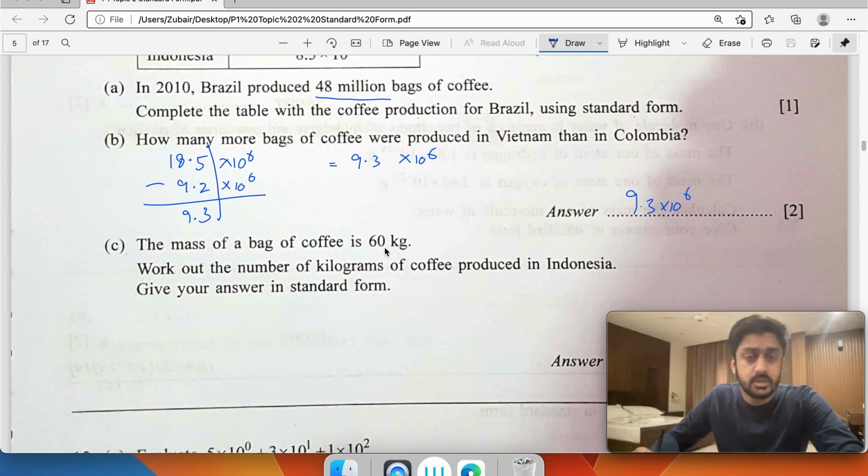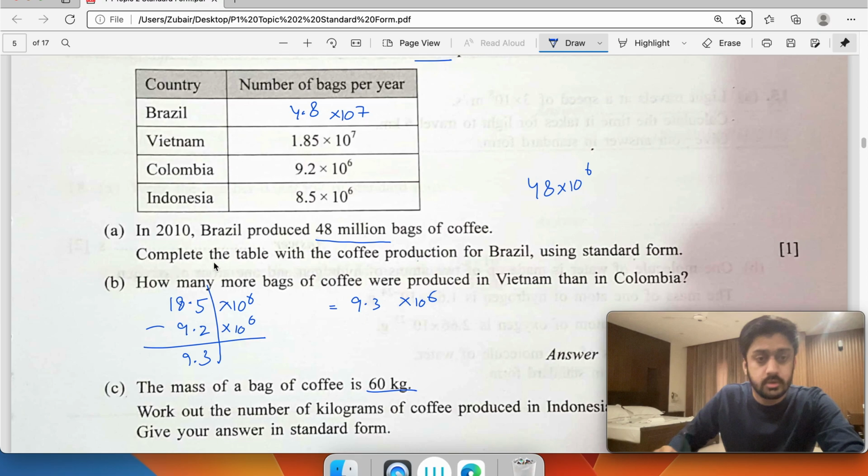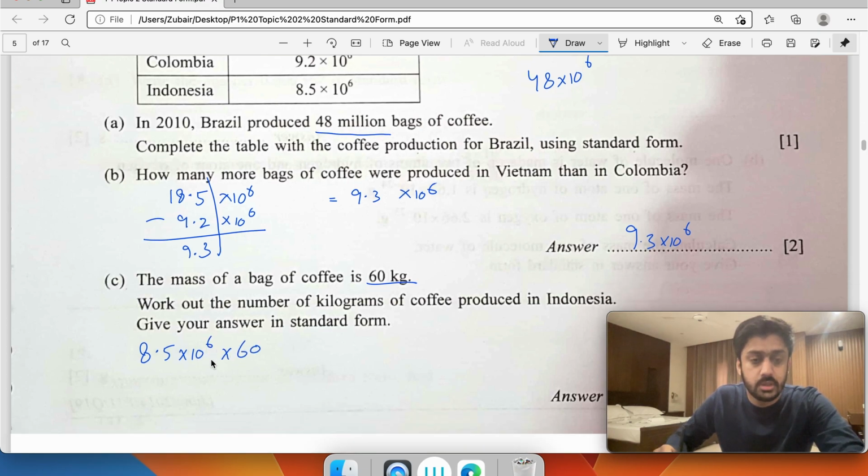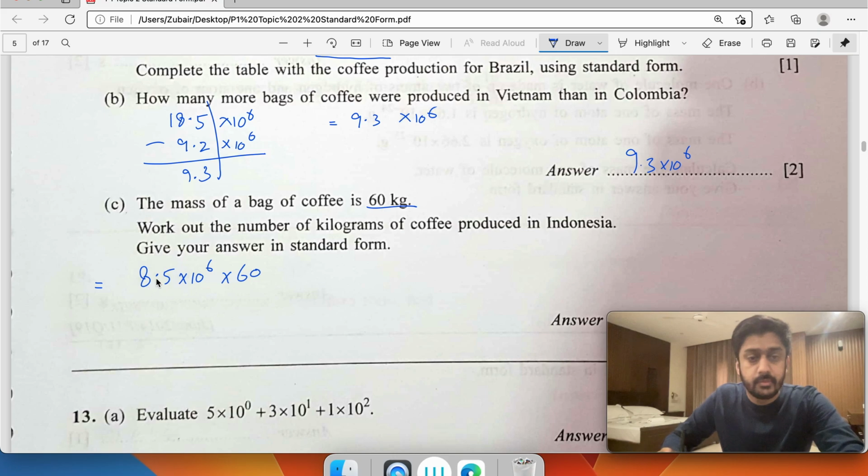Mass of bag of coffee is 60 kgs. Work out the number of kilograms of coffee produced in Indonesia. So Indonesia produces 8.5 times 10 raised to power 6 bags times 60. So 8.5 times 6. 6 5 times 30. 6 8 times 48, 41, 42, 43.